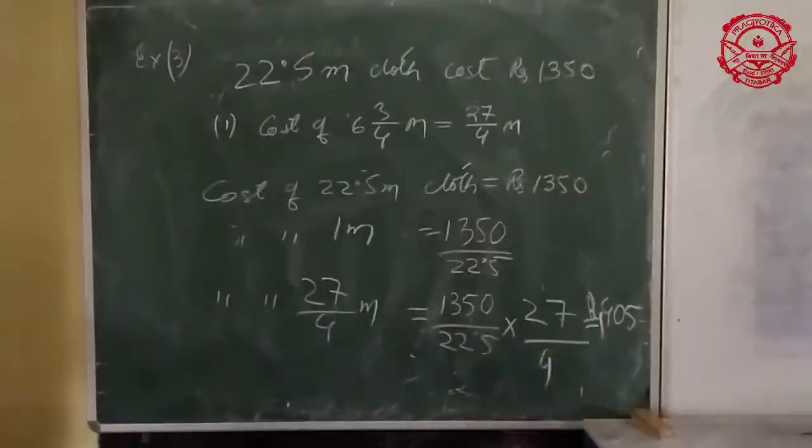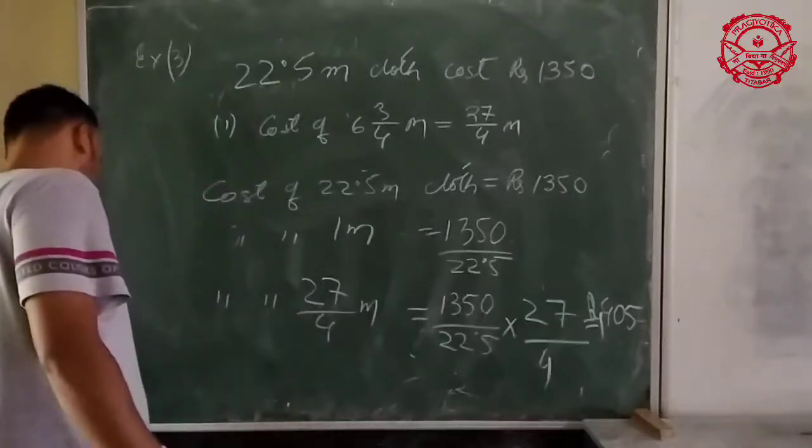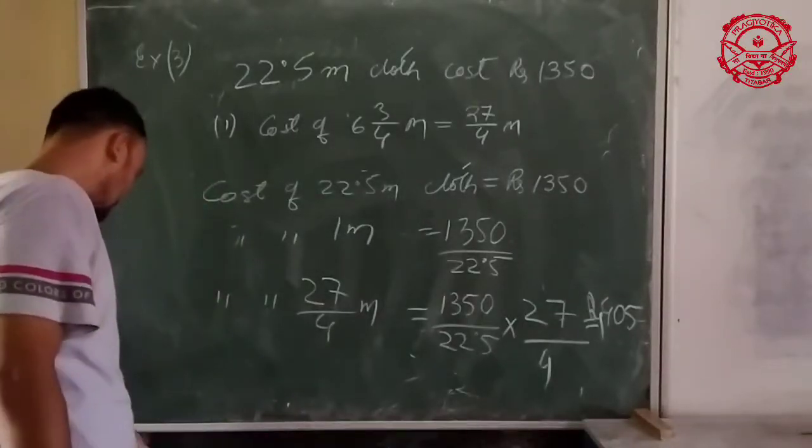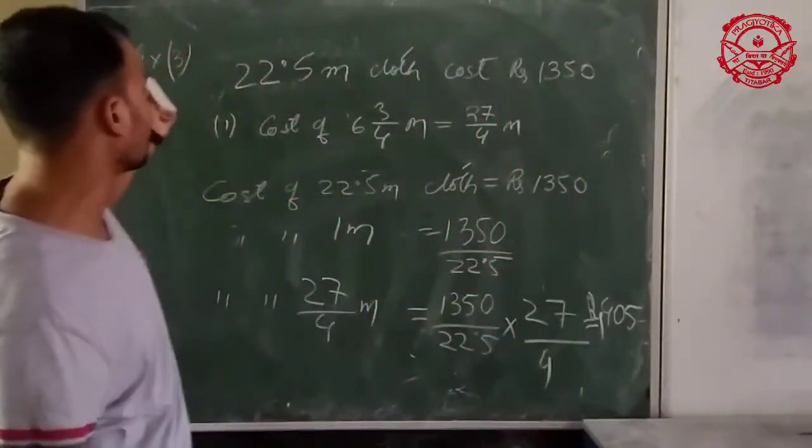Next question you see, how much meter of cloth can be bought for rupees 765? Okay. Now the question is asking how much amount of cloth I can buy from rupees 765. Okay. The reversing we have to do. I am rubbing this.